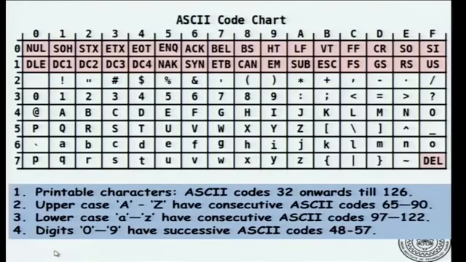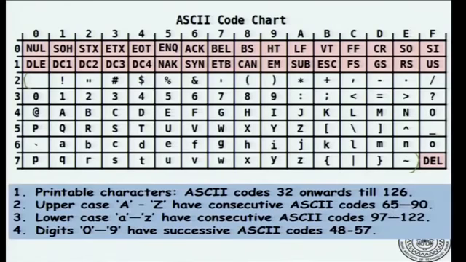The printable characters in the ASCII code are from hexadecimal 20, that is decimal 32, until 126. What is enclosed in this green parenthesis are all printable characters.